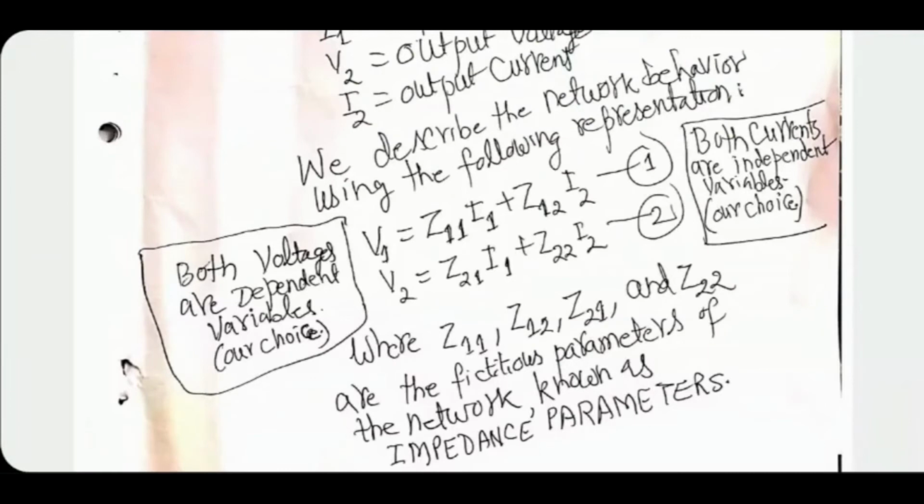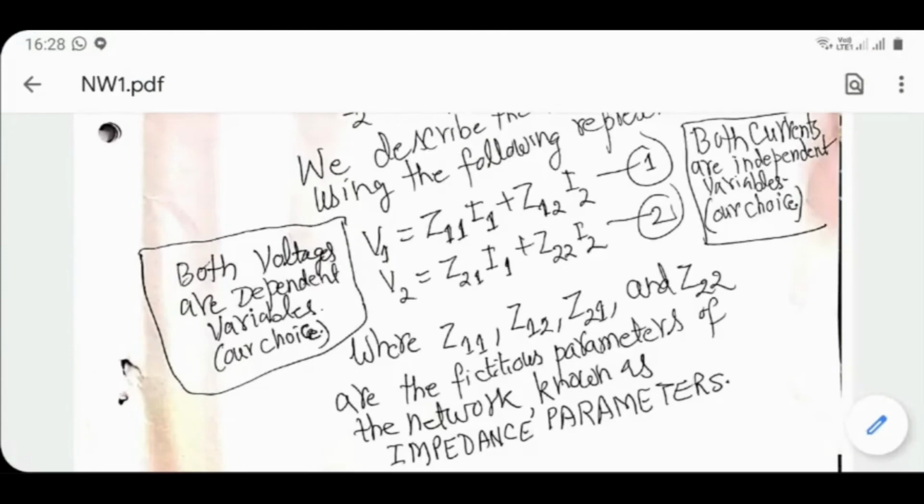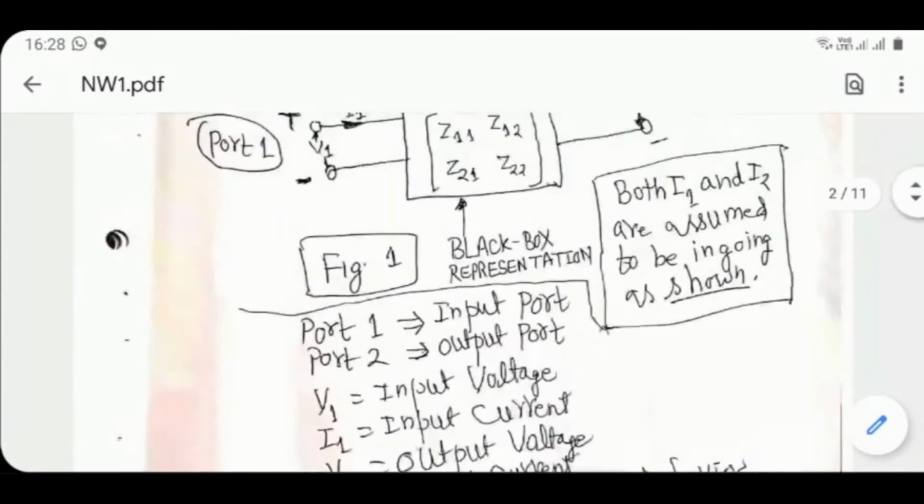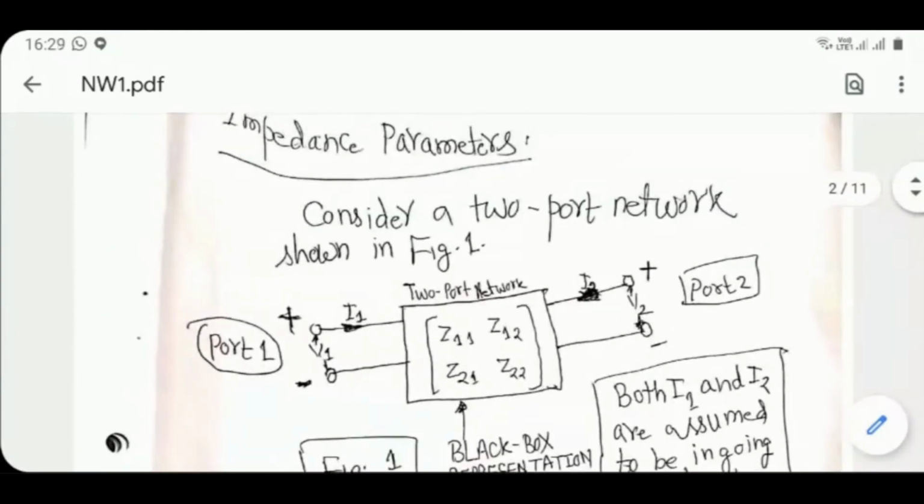Equation 1 and 2, maybe you can note them down. V1 is written as Z11 I1 plus Z12 I2, and V2 is written as Z21 I1 plus Z22 I2, where Z11, Z12, Z21, and Z22 are the fictitious parameters governing the overall behavior of this network.